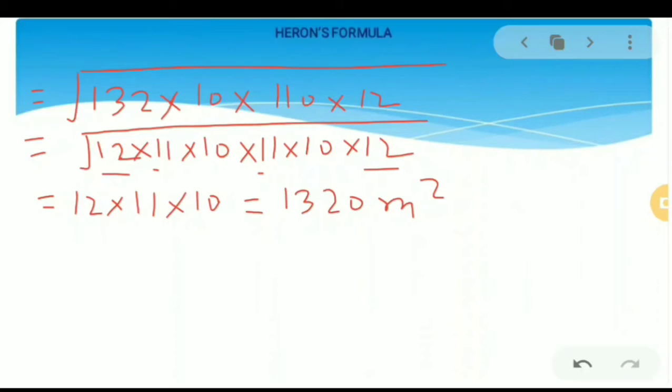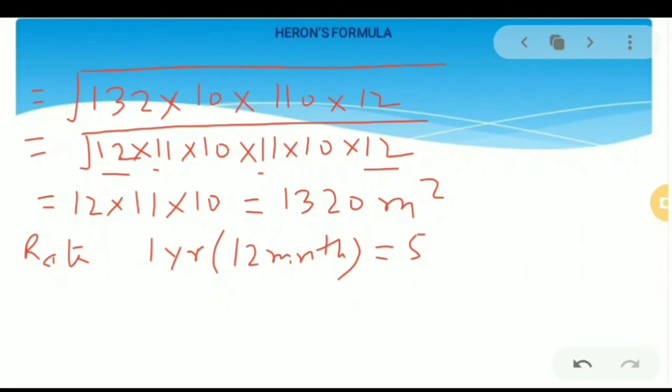Now our formula was total cost equals area multiplied by rate. Now let me focus on the rate. Here the rate is given this way, that for 1 year, 1 year means 12 months, the rate was 5,000 per meter square.